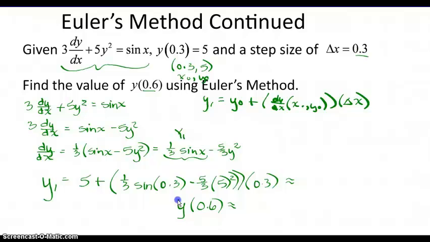So let's get our calculator. I have already put 1/3 the sine of x into y1, so I'm pulling up y1. I'm going to evaluate that at 0.3. I am subtracting from that 5/3 times 25. I hope I put it in there correctly. And then I'm multiplying that result by 0.3, and I'm adding to that result 5.